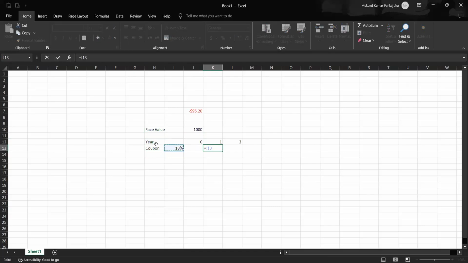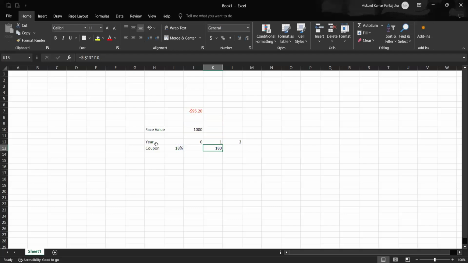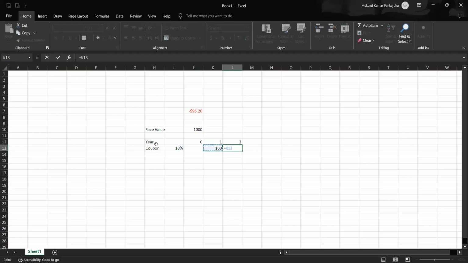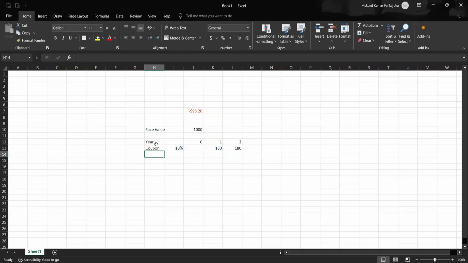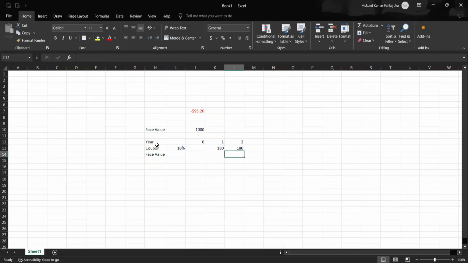So 18% into face value, I will get the coupon for the first year. Same would be the coupon for the next year. But in year 2, I will receive something else as well. I will be receiving face value as well. So what are my cash flows for year 2? 180 plus 1000. It's 1180.